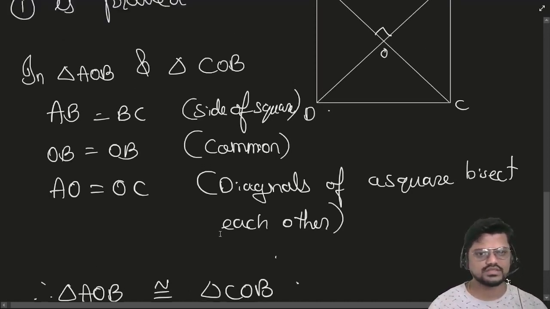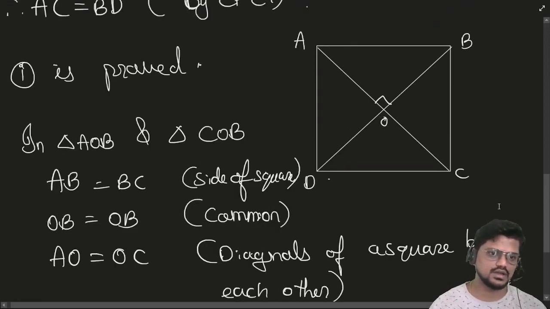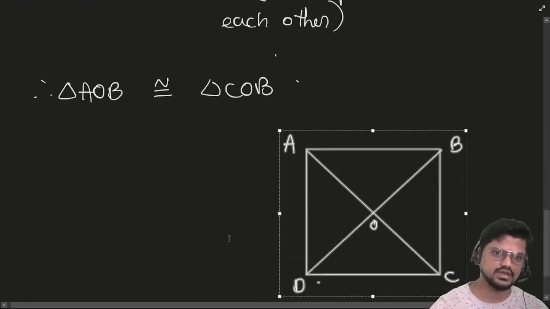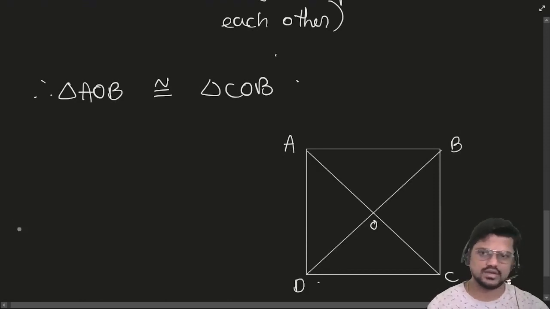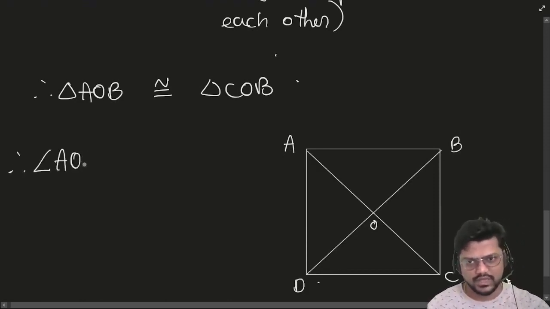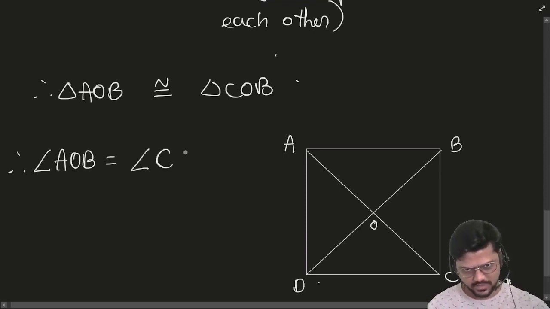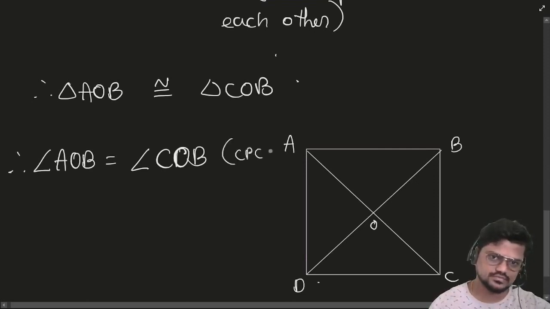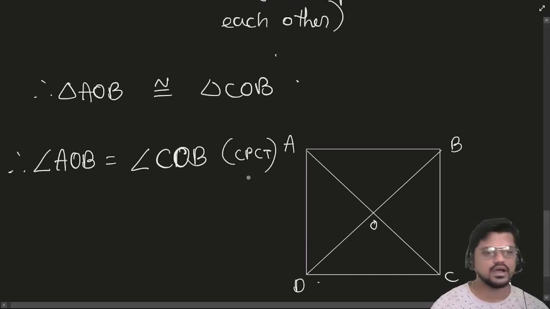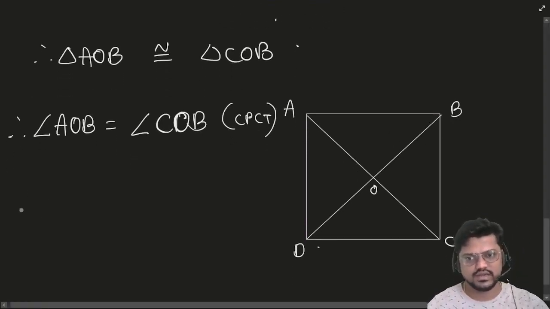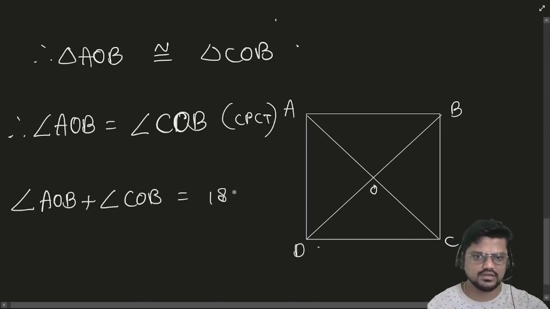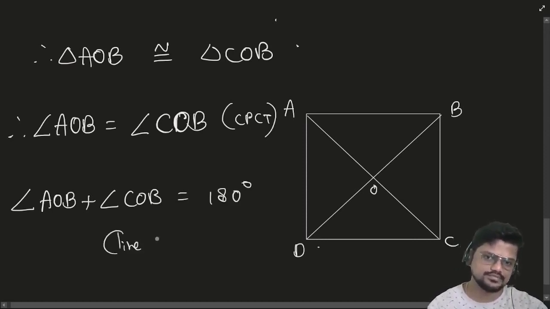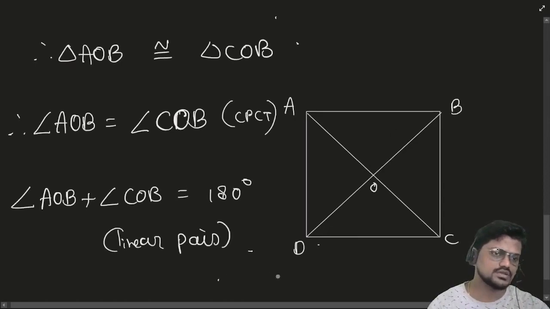Fine. Now, once we know that the two triangles are congruent, angle AOB will be equal to angle COB, by CPCT, congruent parts of congruent triangles. Clear? After this, we also know that angle AOB plus angle COB will be equal to 180 degrees. Why?